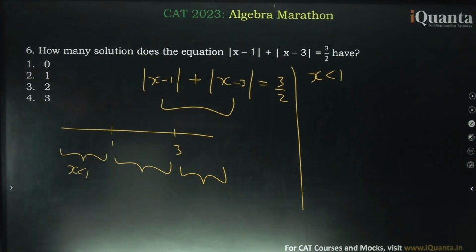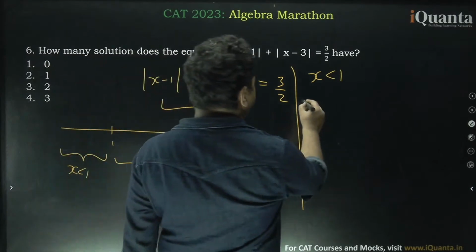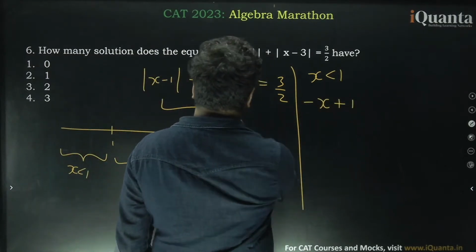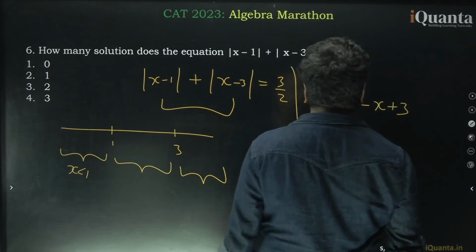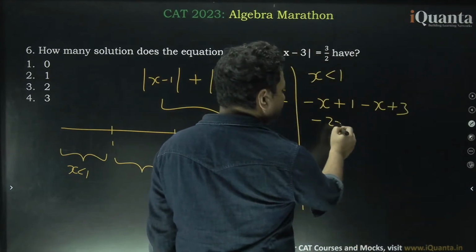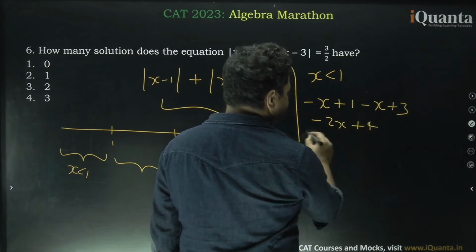Negative or positive? Both will be negative, right? So this becomes minus x plus 1 minus x plus 3. This is what we get, that is minus 2x plus 4.